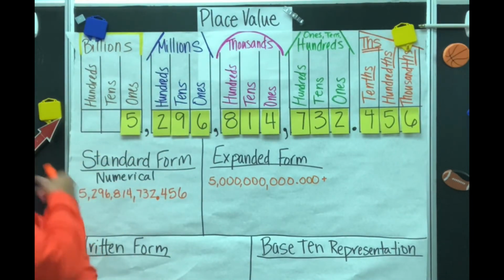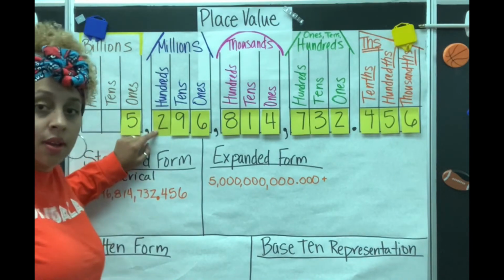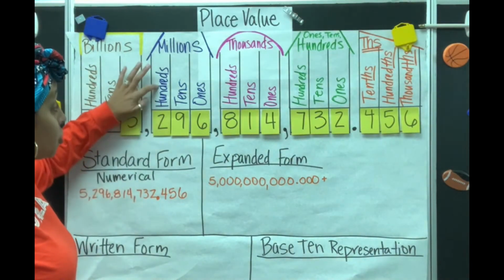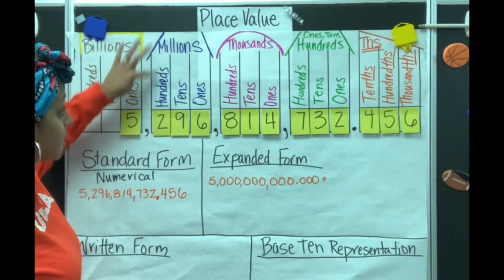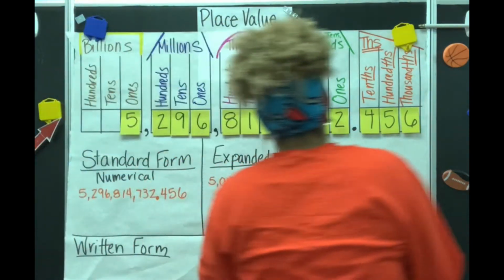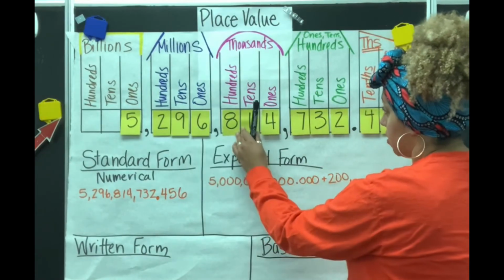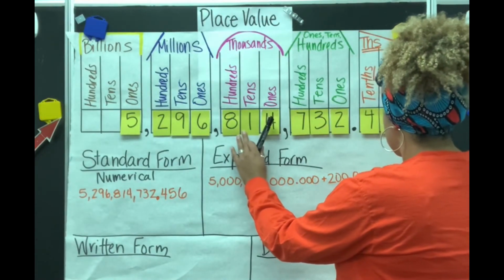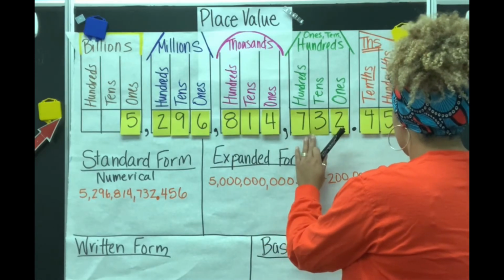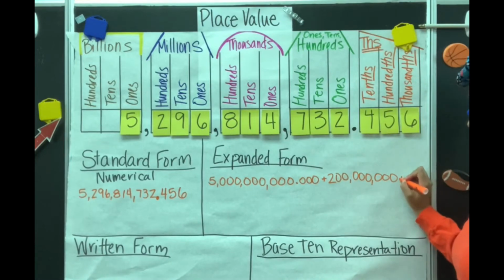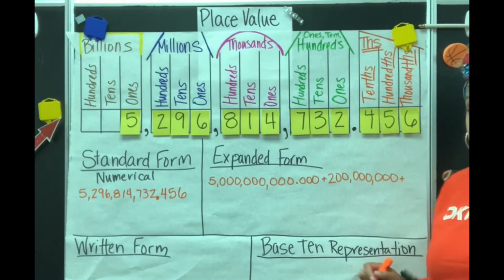What is the value of this 2 in the house? It's 200. So it's the 200 million place. So we're going to do 200 for the millions house. Now we're at the thousands house, 3 zeros. Now we're at the hundreds, tens, ones. I'm not going to put these. You can if you want, it's just going to save me space right now.